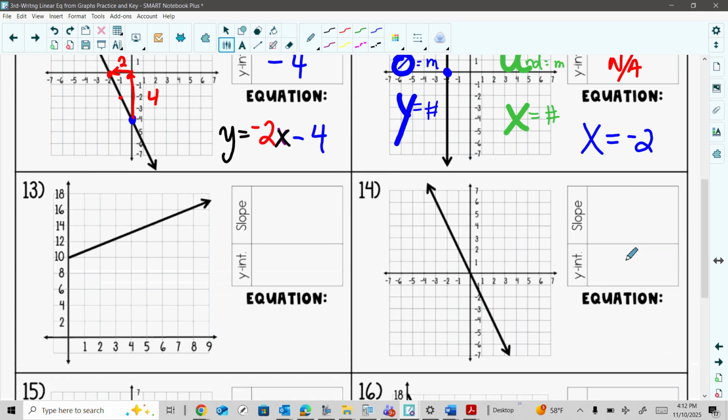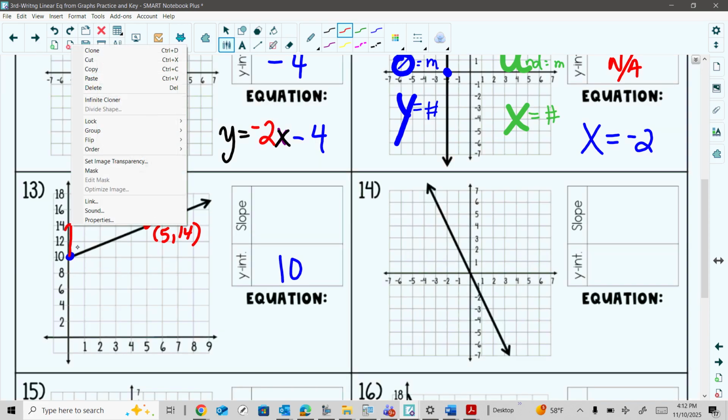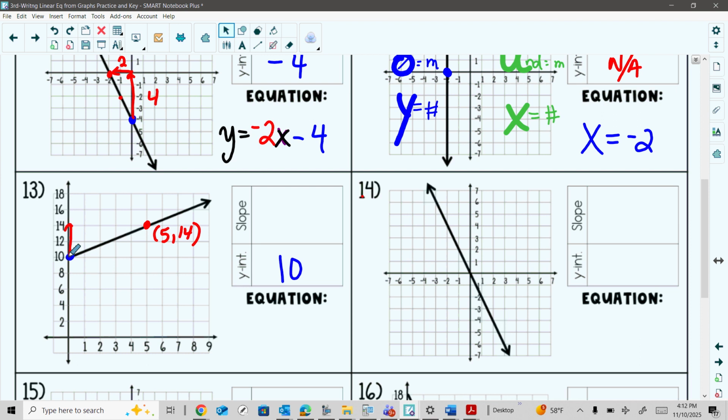Now what I was talking about on number 13 is watch out for your scale. So I know that's my y-intercept, 10. I need another point. So the next point would be here at 5, 14. I'm starting at 10 and I'm rising up to 14. So this is a rise of 4, not just 2.